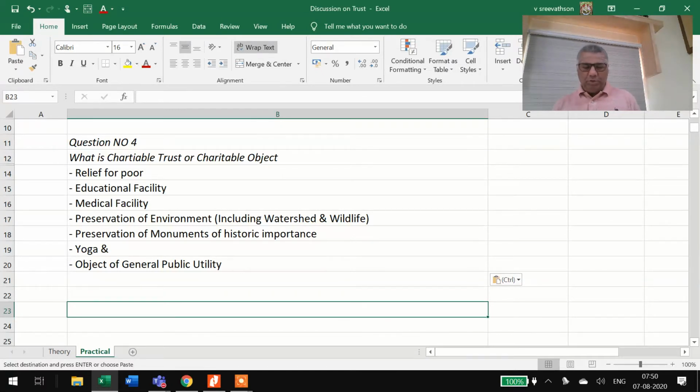Charitable purpose or charitable object includes relief for poor, educational facility, medical facility, preservation of environment, preservation of monument, yoga, and objects of general public utility.